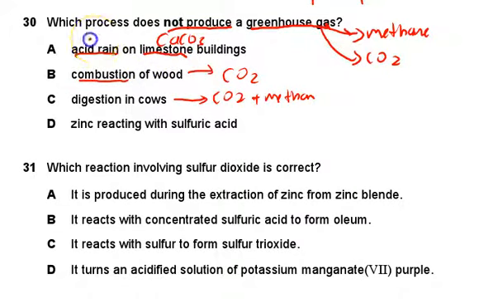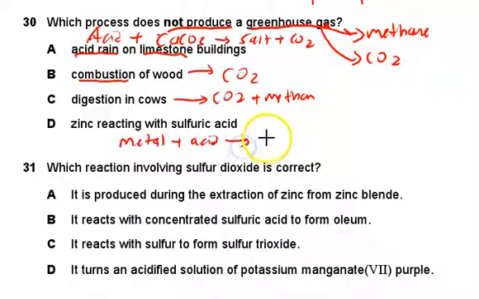So when you have acid reacting with carbonate, what will happen? You will have the salt plus carbon dioxide and water. Look at D, zinc metal reacting with acid. Here you will have the salt plus hydrogen gas. So only this process does not produce a greenhouse gas.